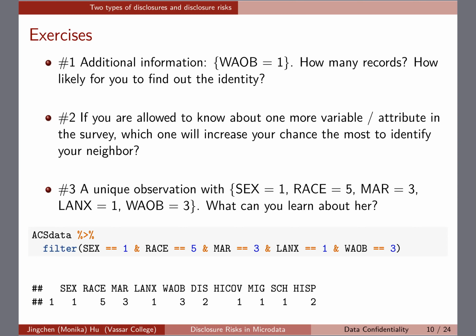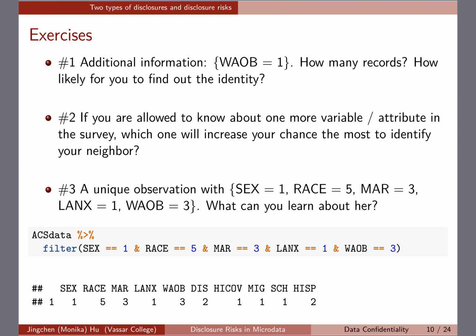So pretty much everything. And when we say pretty much everything, especially now, we not only know who the person is, we get to know about the other attribute values. And that is what we typically call the second type of disclosure, attribute disclosure. So that's why I'm trying to use this unique observation example to lead us to it.